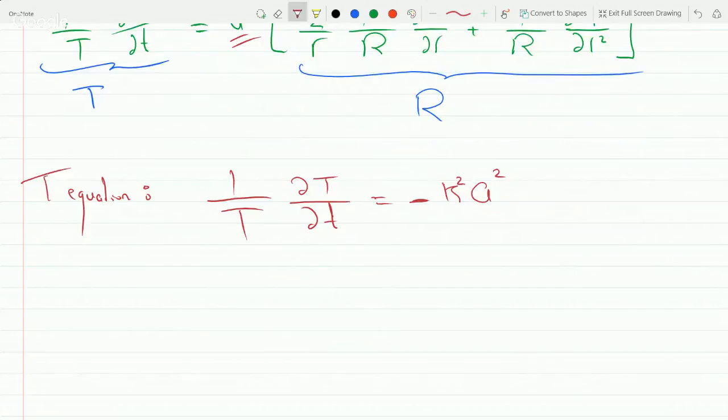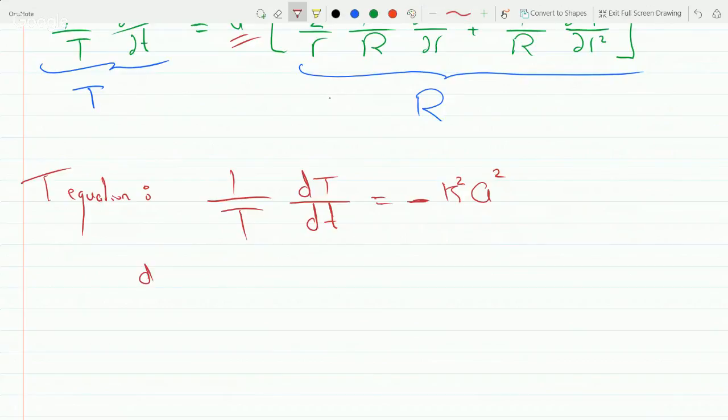So it has to be sines and cosines. For it to be sines and cosines, it has to be a negative to make physical sense.